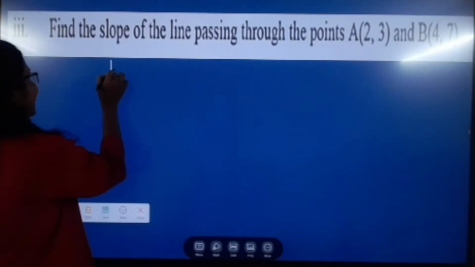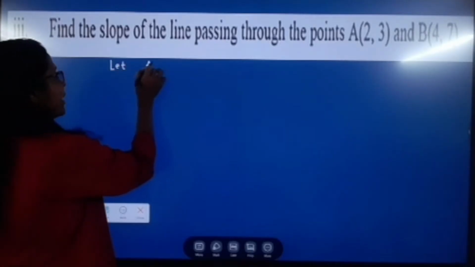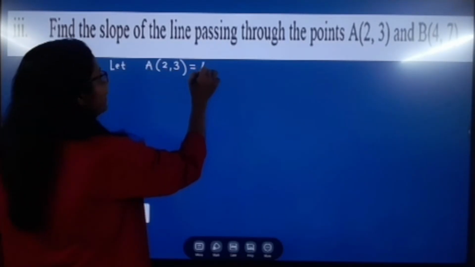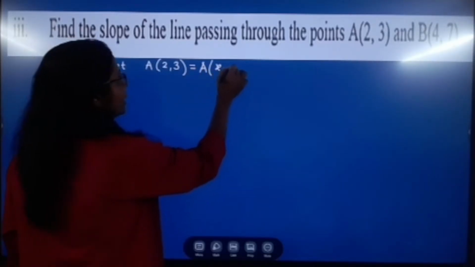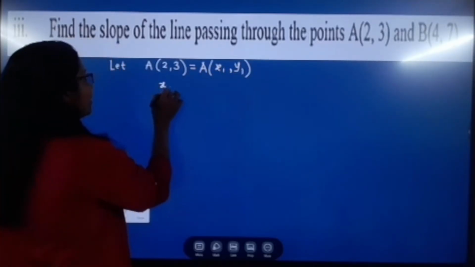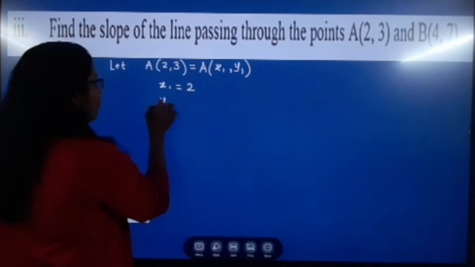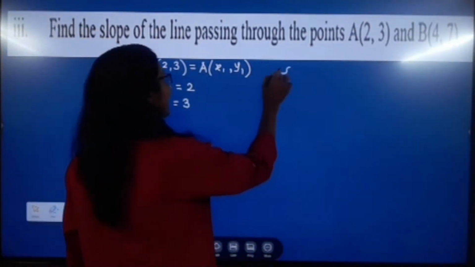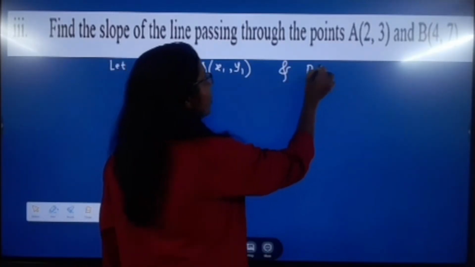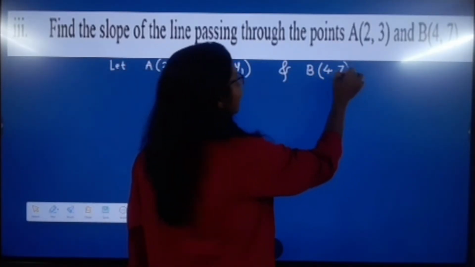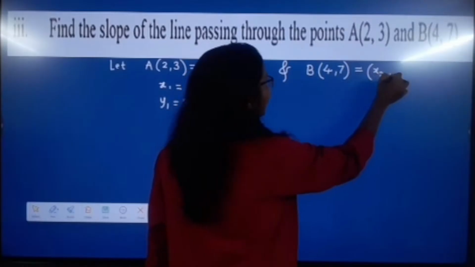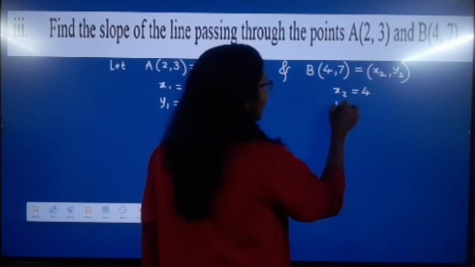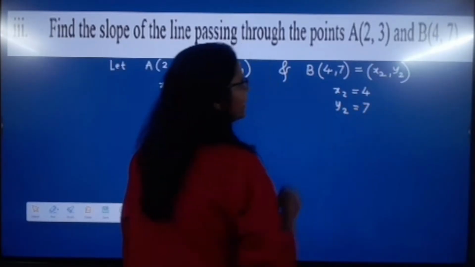I consider the first point A (2, 3) as (x1, y1), so x1 is equal to 2, y1 is equal to 3. And the next point B (4, 7) is (x2, y2), so x2 is equal to 4, y2 is equal to 7.